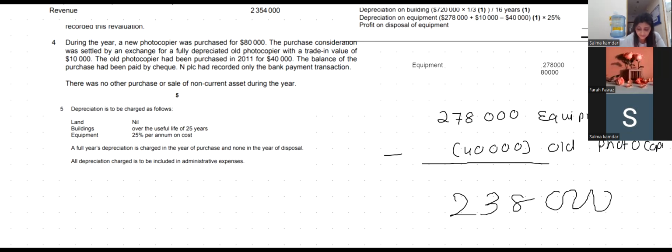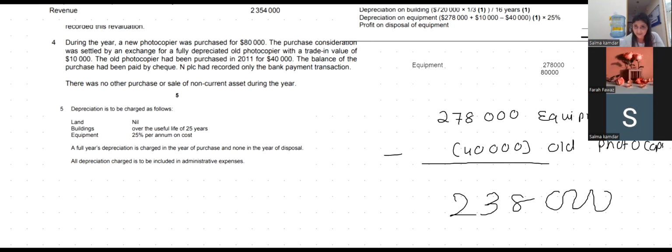New photocopier was purchased for 80,000. The balance of the purchase has been paid by check. NPLC had recorded only the bank payment transaction.